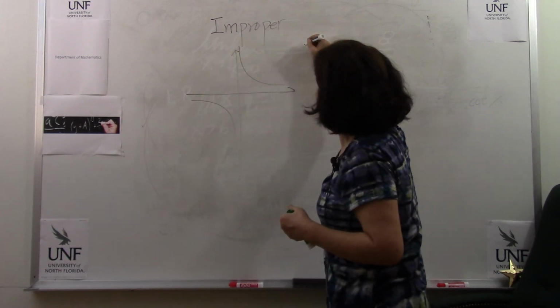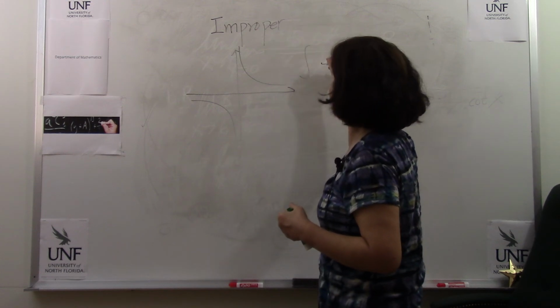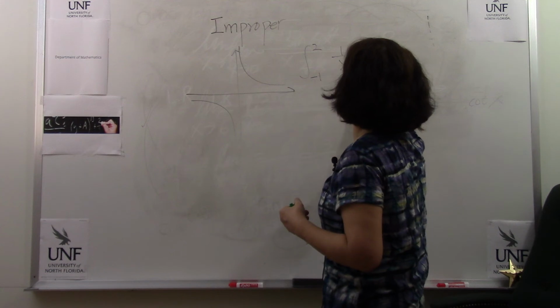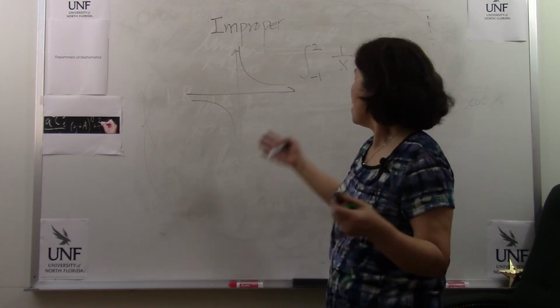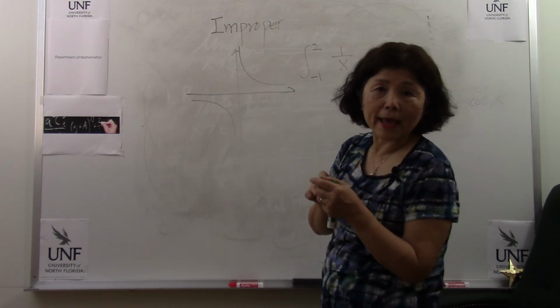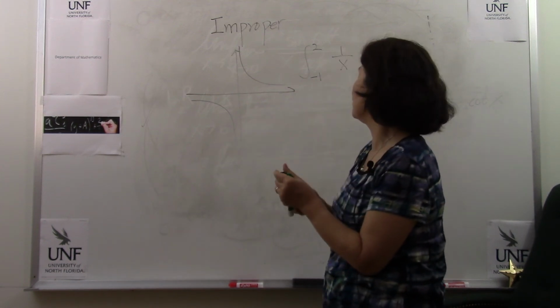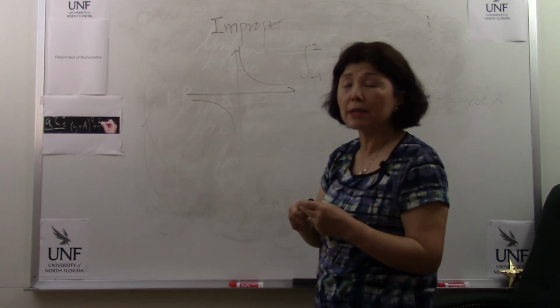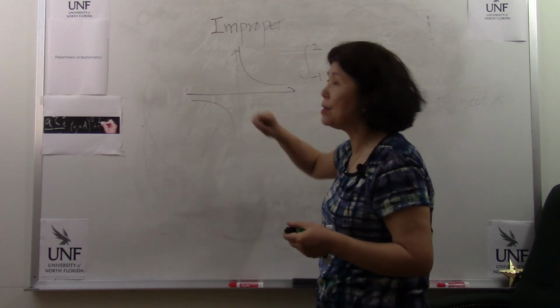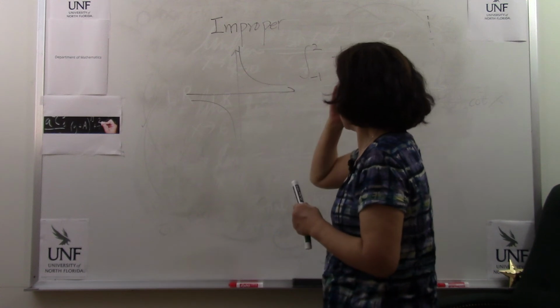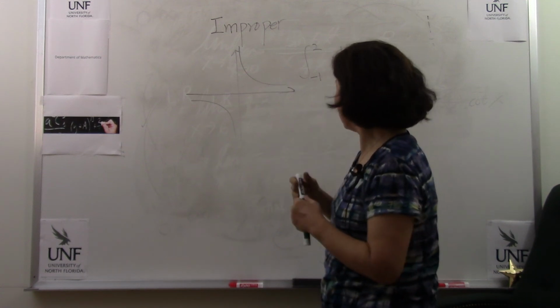You want to integrate from negative 1 to 2, 1 over x dx. It looks very innocent, looks okay, but it is not okay because in order to integrate, the function has to be continuous. As you see, there is a discontinuity over here.